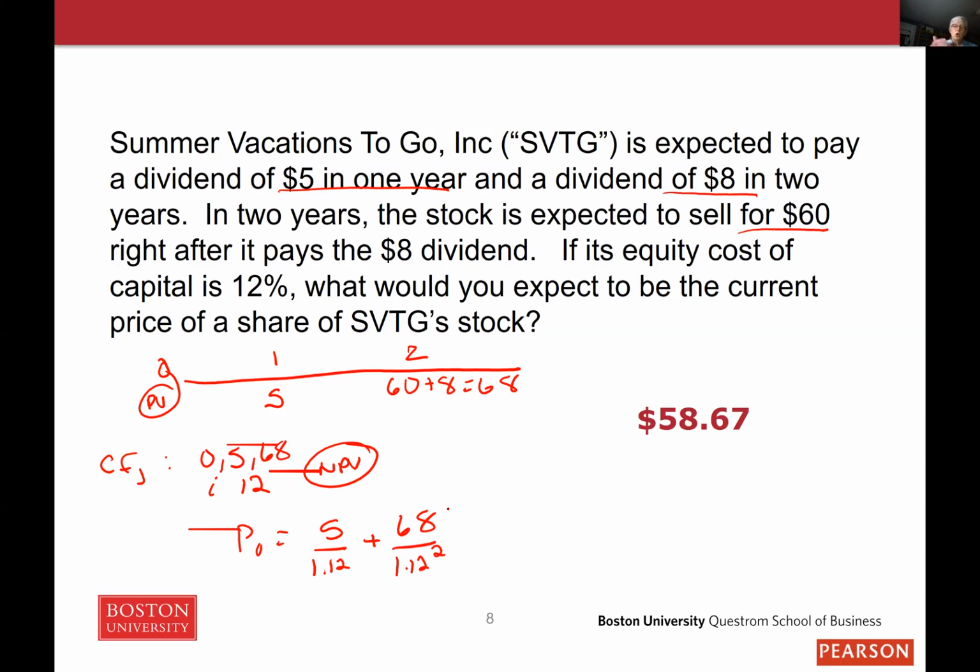The other thing you could do, that a few of you have done when you've sent me emails over the weekend, is you could say, okay, I'm going to take my $68, divide it by 1.12 and bring me back to year one. I'll actually do the math to show you that, which would be $60.71, and add it to the $5 and take that back to time zero.